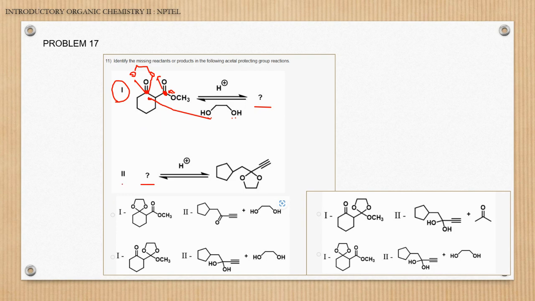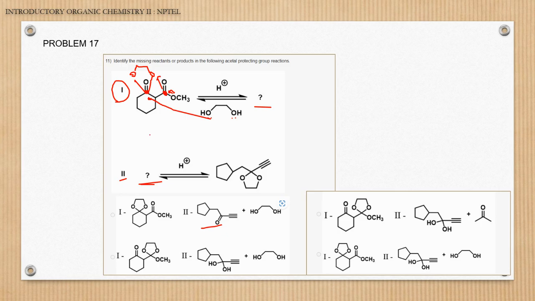So now coming to reaction number two. Here you have to identify the reactant. You are given the product. Now you have to find out what is the reactant. In this case also you have a protection. Can anyone tell me what would be the reactant here? It would be a ketone, diol, based on the options. Ketone.